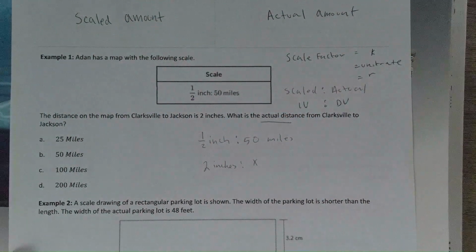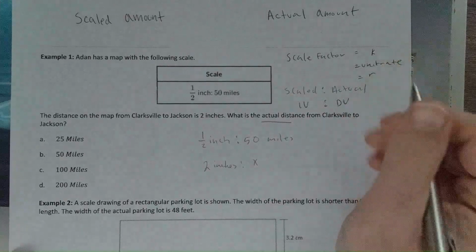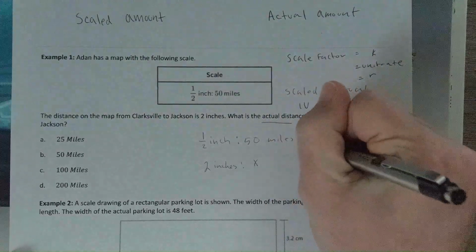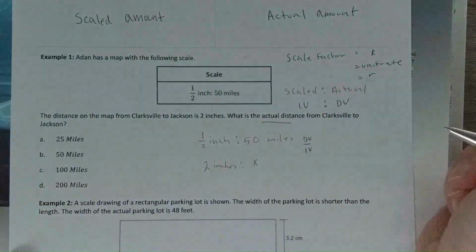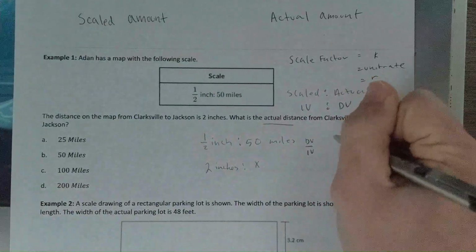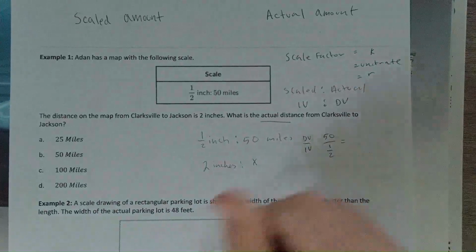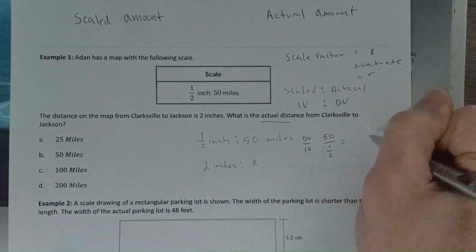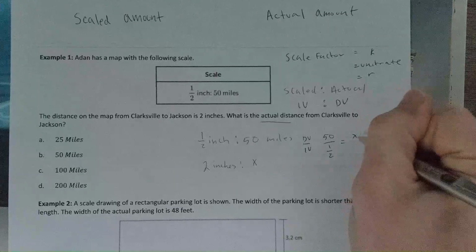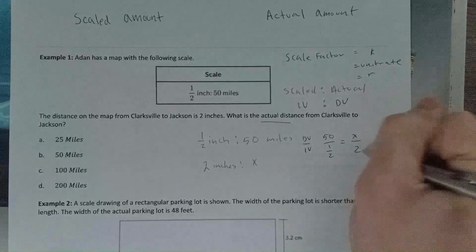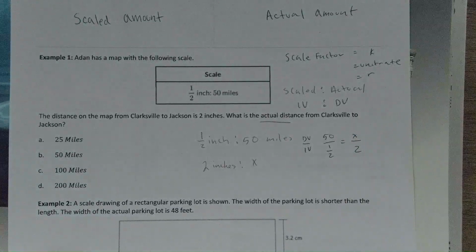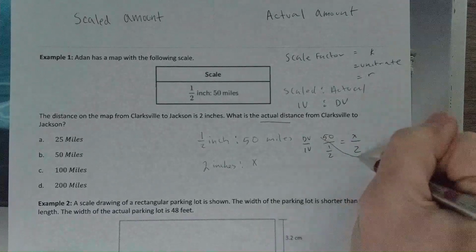There's two ways. We can do a proportion here. Remember, it's dependent variable over independent variable. So we can set this up as 50 over 1/2 is equal to x over 2. We have two fractions separated by an equal sign, so we can cross multiply.